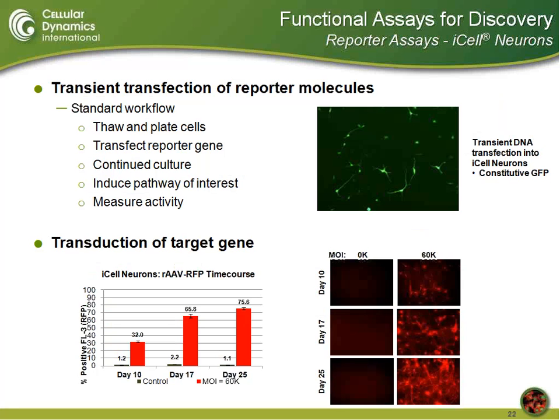Then we've also transduced our cells with the AAV and RFP, and we can see that over a period of roughly 3 weeks in culture, we increased our efficiency up to 75% with an MOI of 60,000. The images on the right show that increase in transduction, where at day 25 and 60,000 we see a nice red fluorescence.